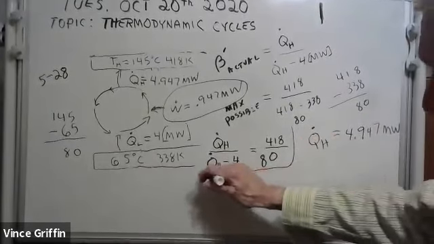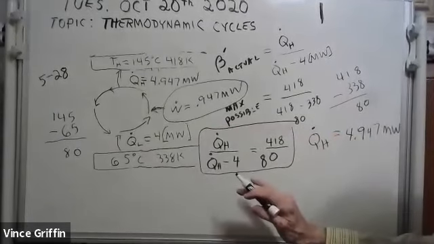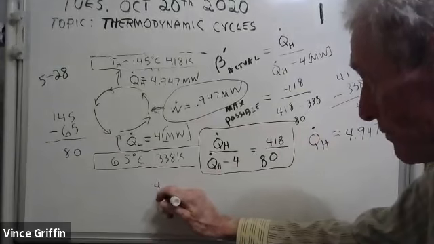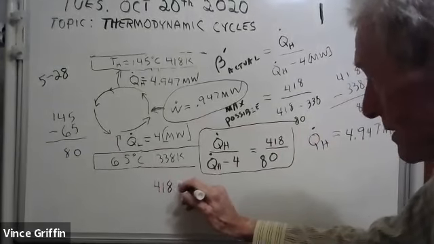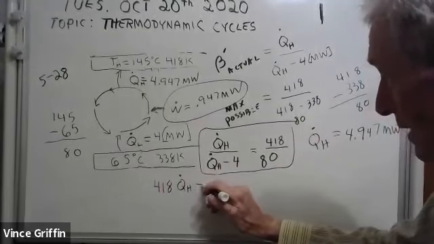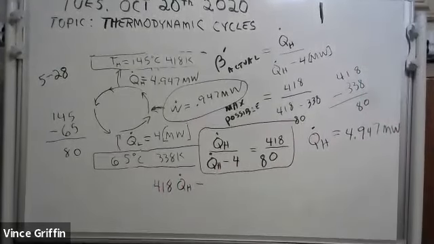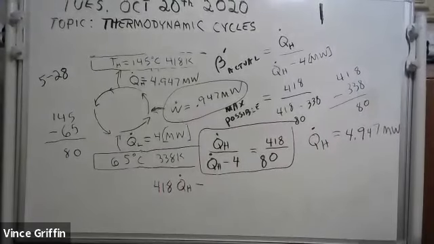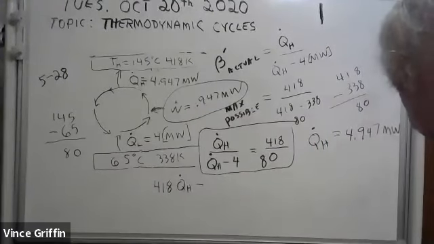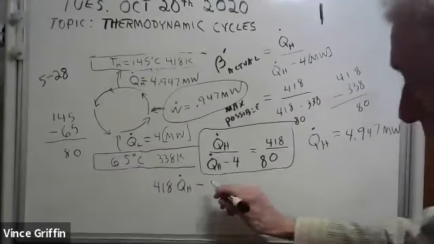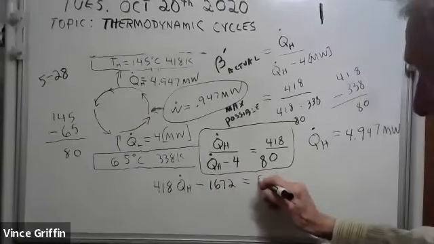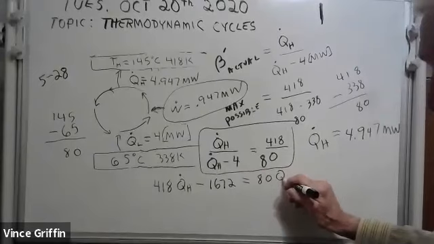Here's my equation, Reagan. What I'm going to do is multiply that times that, which is 418 QH dot minus 4 times 418, which I don't know what it is. Just a minute here. 4 times 418. I'm getting 1672 equals 80 QH dot.